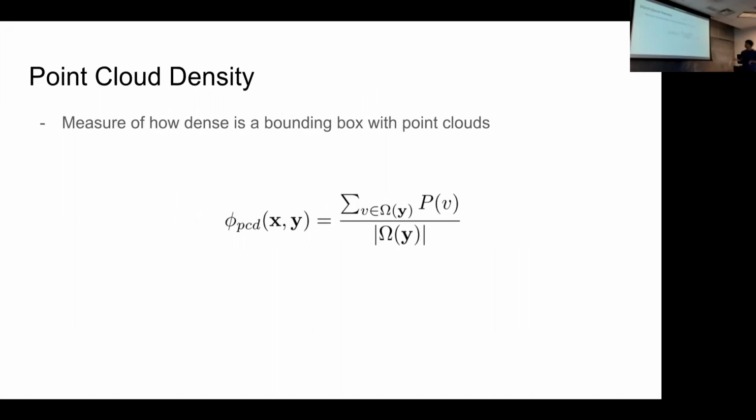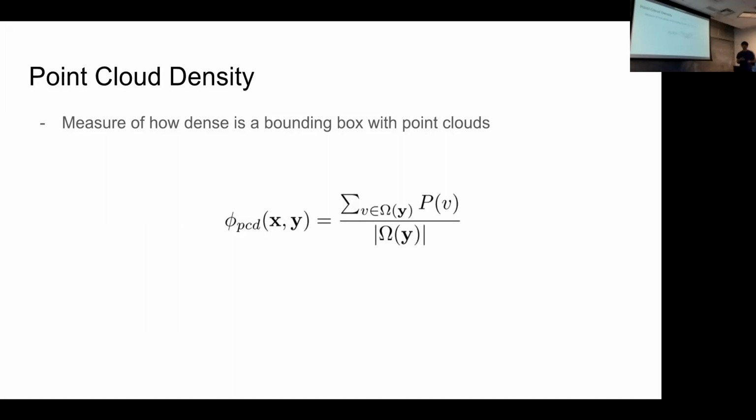The first is point cloud density, which, as the name says, measures how dense the bounding box is with point cloud. In terms of notation, X is the point cloud and Y is a tuple that describes the bounding box in question.